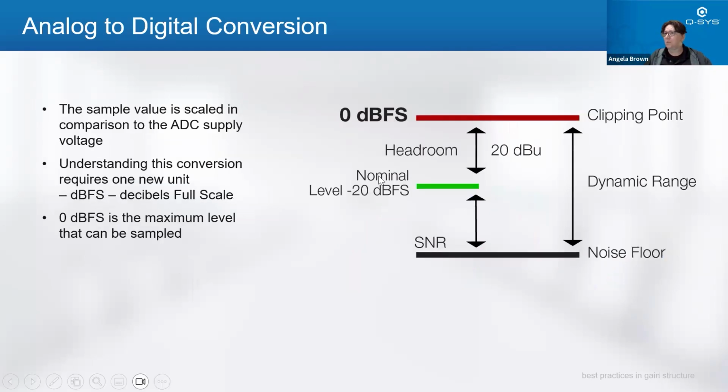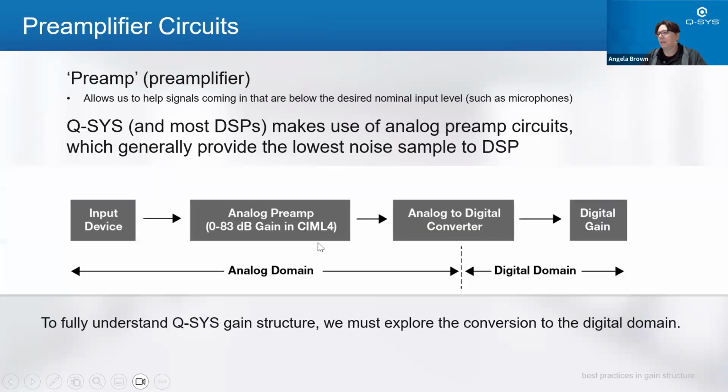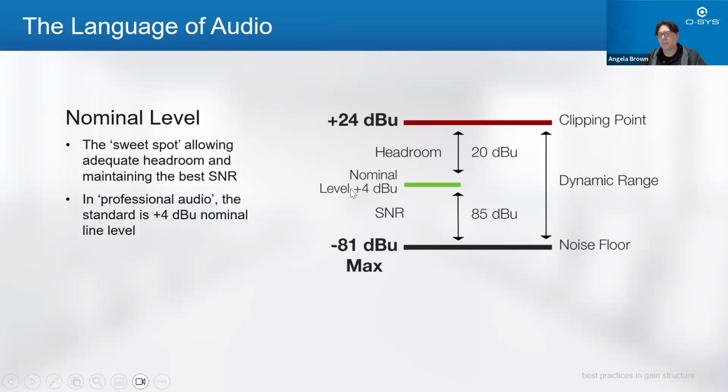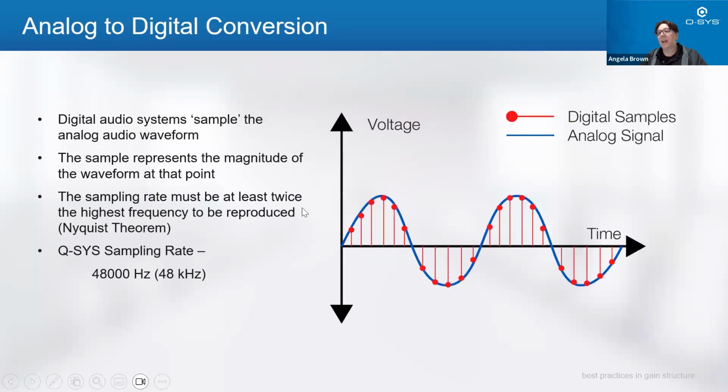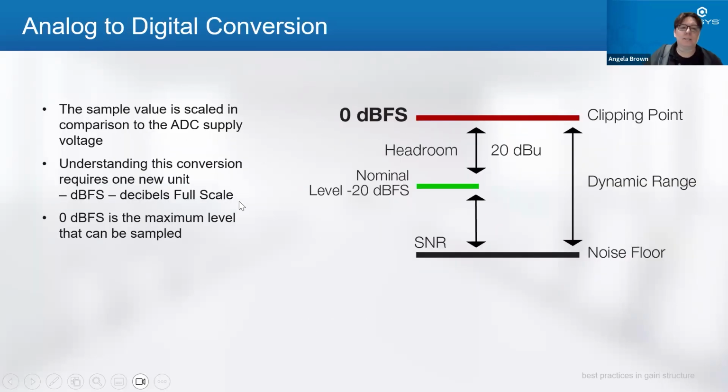So once we're in the digital world, this leads us into another value, what we call dB full scale, decibels full scale. dBu we've been talking about before this. So if I actually go back a slide, you can see that we're talking about dBu here. That's an analog measurement. And now we're talking about dBFS.